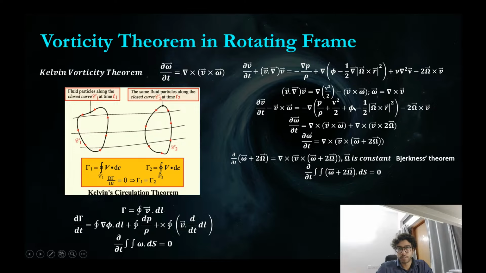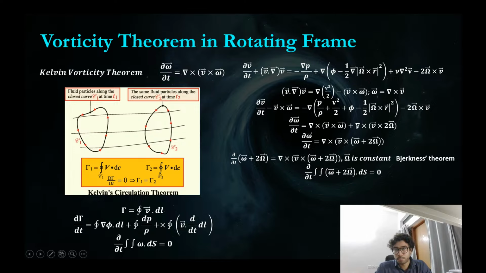so this term will vanish, and this curl of v will give you del omega del t, and curl of v cross omega, and then curl of v cross 2 omega. So you have this extra term that is coming out from this Coriolis force term, right? We can simplify this by writing it like this.